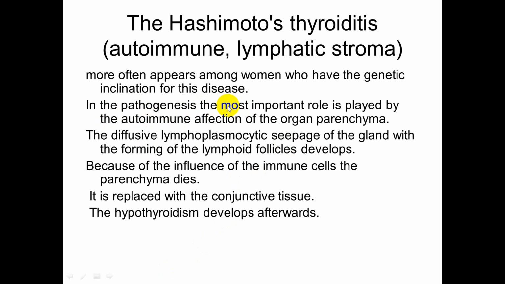In the pathogenesis, the most important role is played by autoimmune affection of the organ parenchyma. Diffuse lymphoplasmacytic infiltration of the gland with formation of lymphoid follicles develops. Because of the influence of the immune cells, the parenchyma dies and is replaced with connective tissue. Lymphothyroidism develops afterwards.